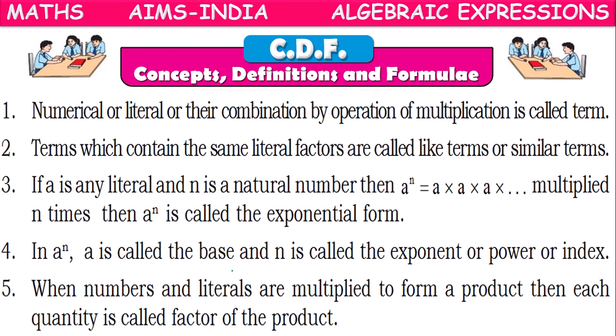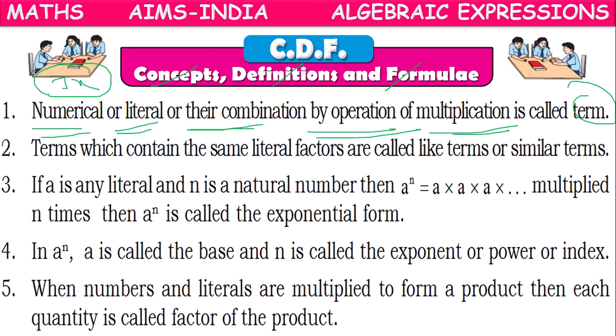So let's revise the CDF points, children. So concepts, definitions, formulae from this chapter, whatever we have learned so far. The numerical or literal or their combination by operation of multiplication is called a term, like 3x.